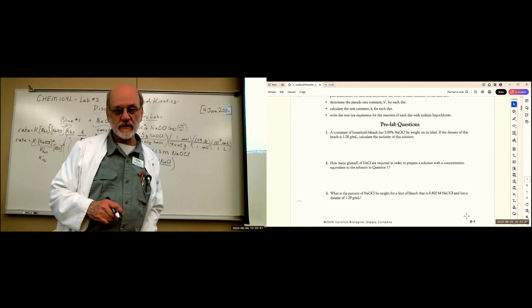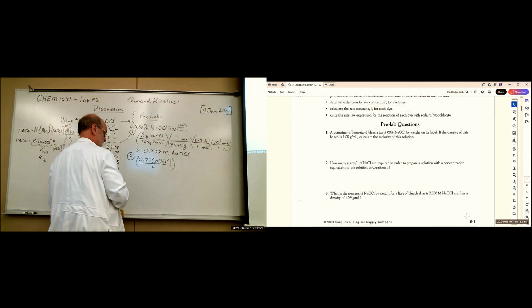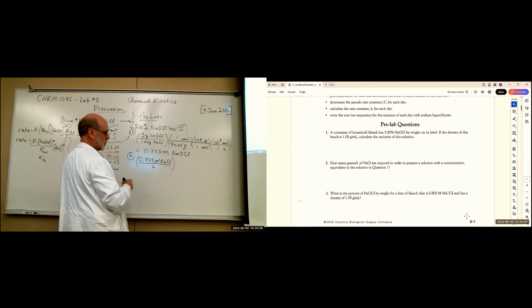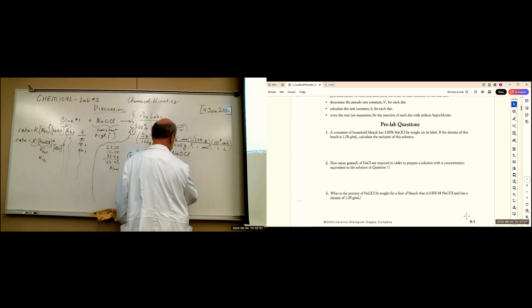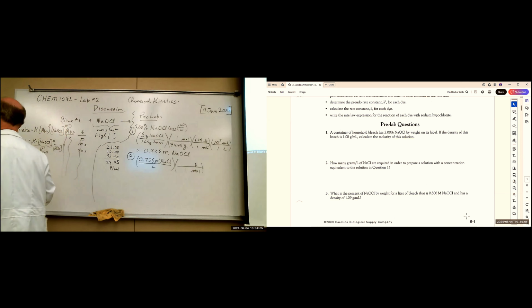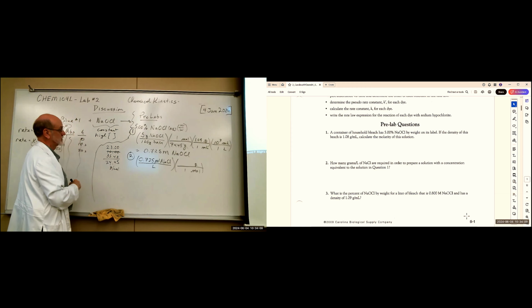Prepare a solution with a concentration equivalent. How many grams per liter? So we've got the volume all right. We just need to convert the moles to grams, right? So we get rid of moles and leave us with grams. We just need the molar mass of, well, all we have to do is drop out the oxygen.